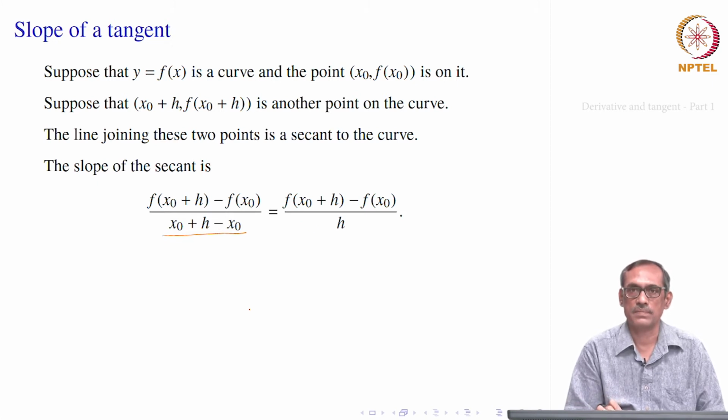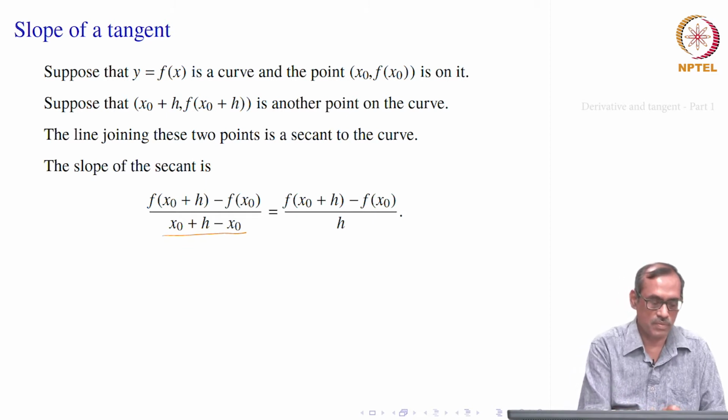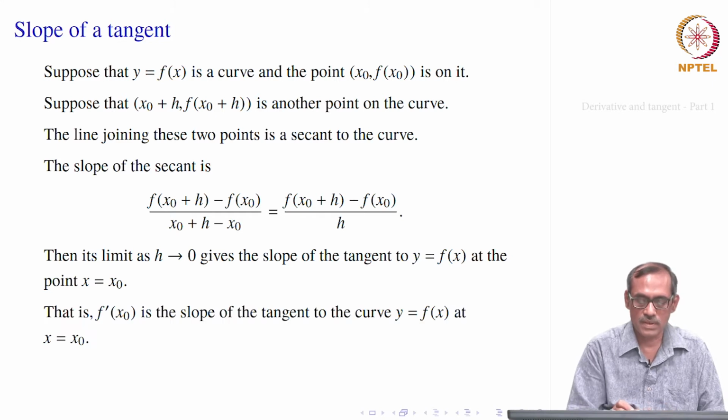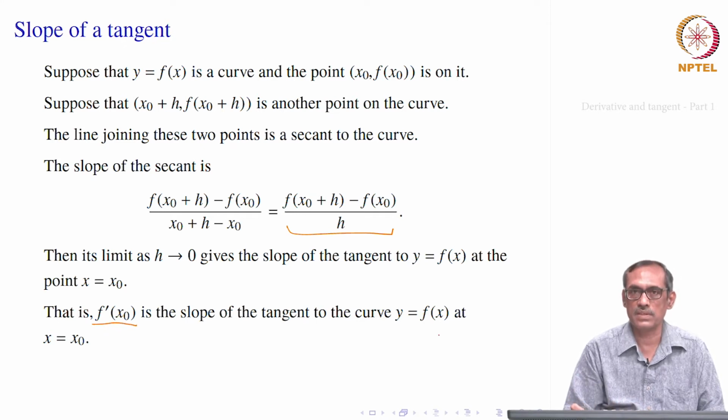So, you get this ratio, increment in f divided by increment in x. Our aim is that when h goes to 0, this will be the slope of the tangent to y equal to f of x at the point x equal to x0. So, this is exactly the definition of the derivative. When h goes to 0, the right hand side is the derivative at x0. Therefore, we would say that f prime of x0 is the slope of the tangent to the curve y equal to f of x at x equal to x0.